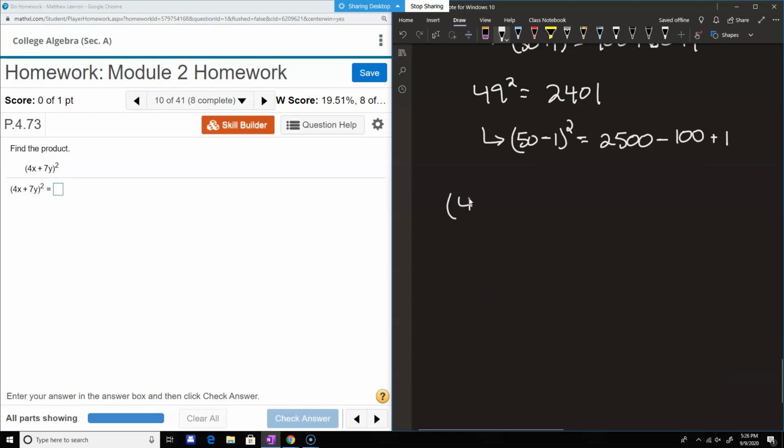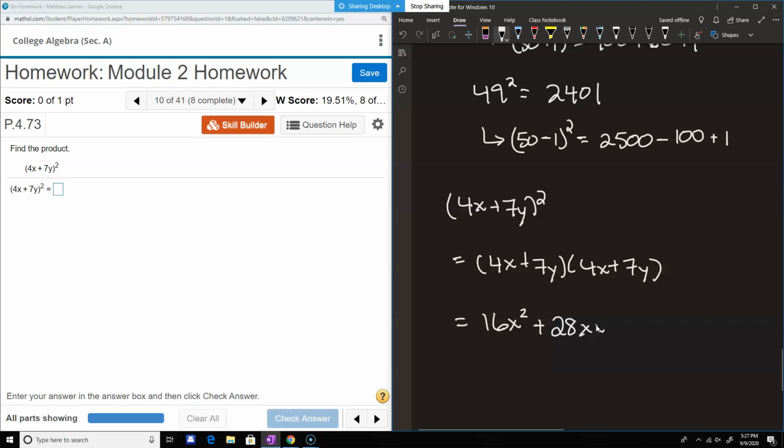Anyhow, usually for polynomials like this, 4x plus 7y quantity squared, I don't appeal to the formula, I just write it all out. I say 4x plus 7y times 4x plus 7y. And I'm going to get my 16x squared. And then 4x times 7y is going to be plus 28xy.